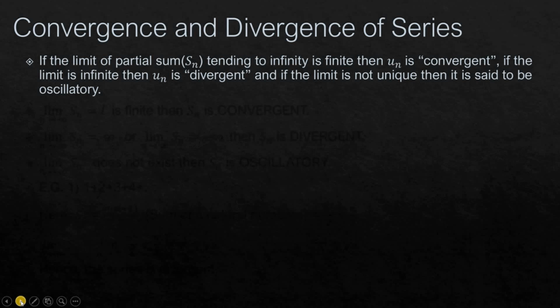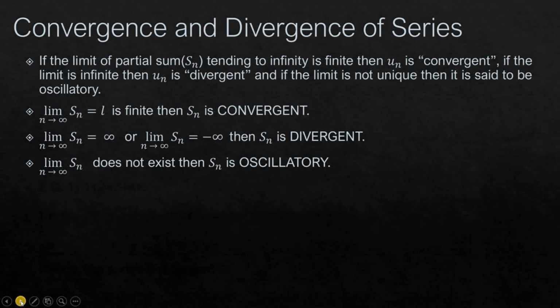Similarly, if we get the limit to be infinity or minus infinity, then we say that the series is divergent. And in the same way, if the limit is not unique, then we say that the series is oscillatory. This is how we represent the series mathematically.